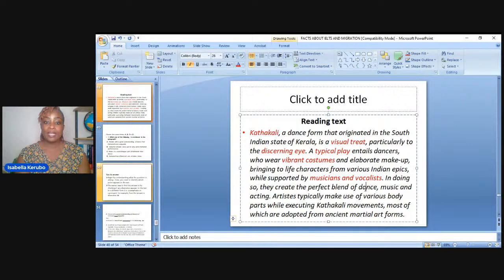In doing so, they create the perfect blend of dance, music and acting. Artists typically make use of various body parts while executing the Kali movements, most of which are adopted from ancient martial arts forms.